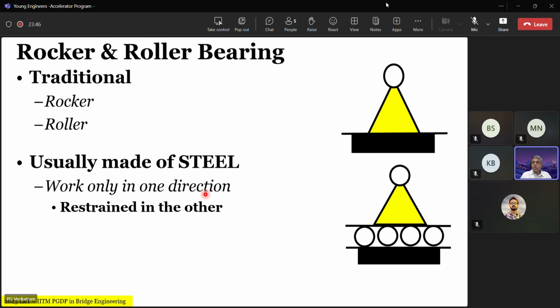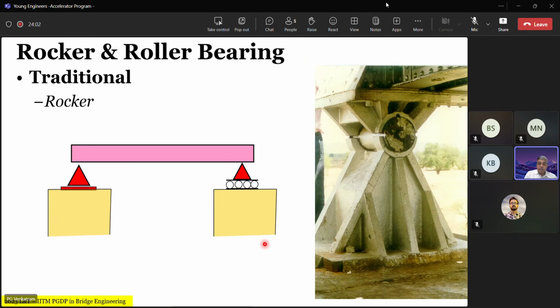Therefore, there are certain restraints imposed by these bearings that you as a designer should recognize and incorporate in your model. Okay. They generally allow movement or deformation in one direction and are restrained in the other direction. One example is a very classical rocker bearing.